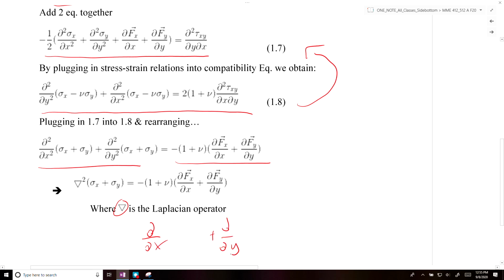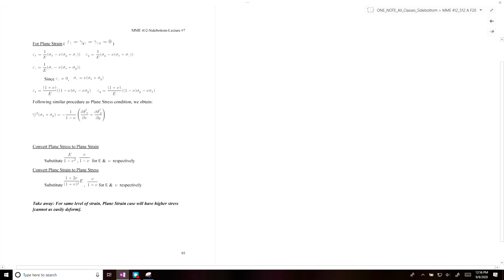So if you square it, the Laplacian squared ends up being the fourth-order derivatives with respect to x and y of your variable. Okay, so you end up getting this equation. In a similar fashion, you can do the same thing for your plane strain case.